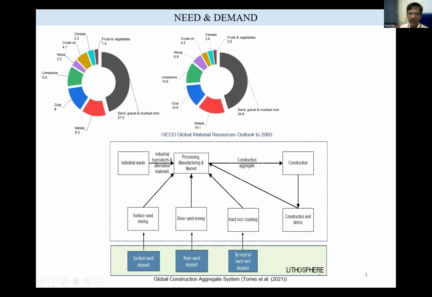We have only one resource, the lithosphere, or this solid sphere that is earth. It has some natural sand, gravel, and rock.